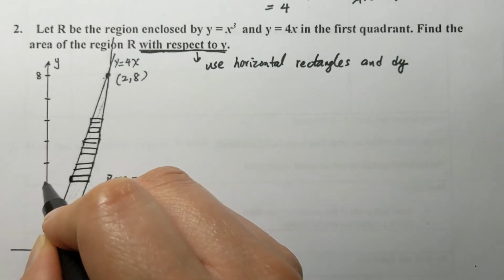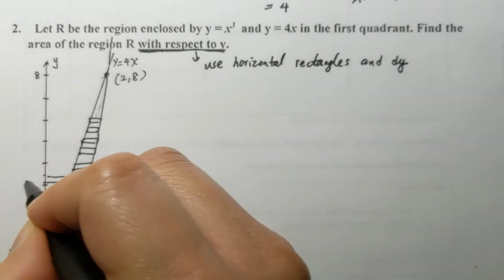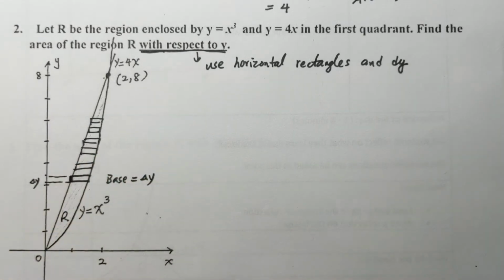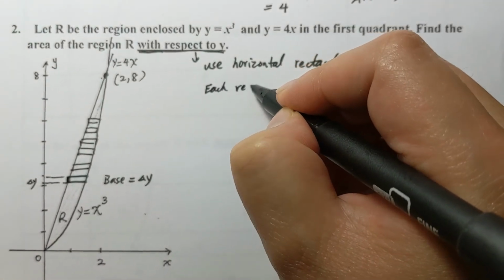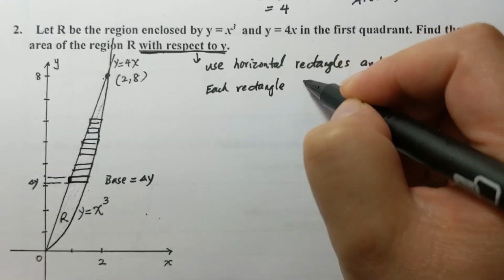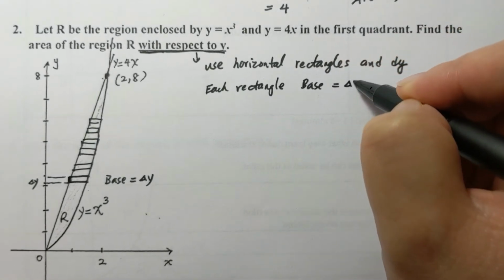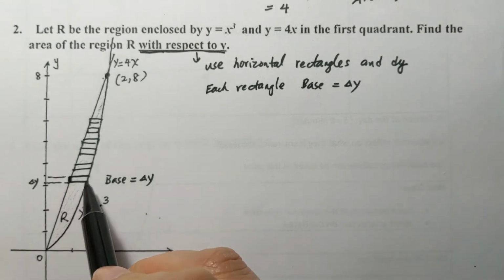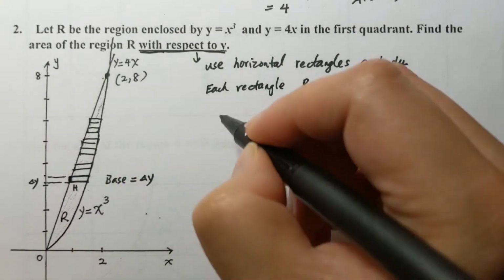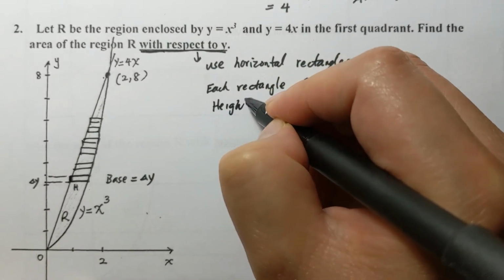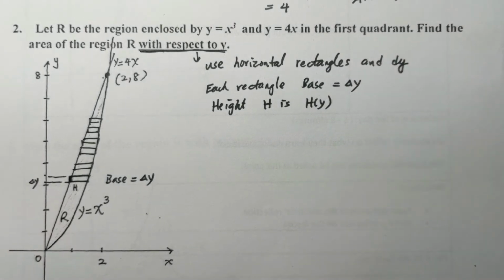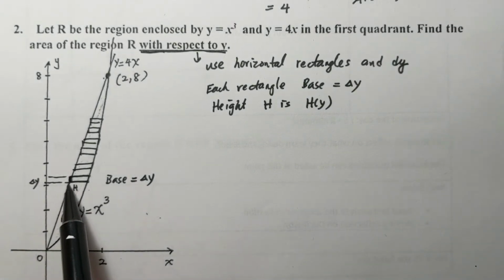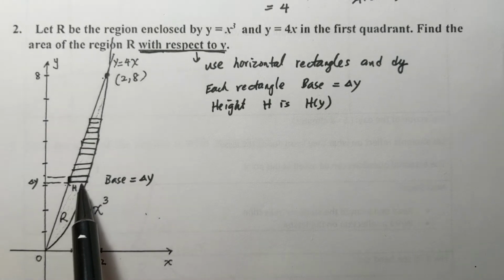You're going to have your y value subtract your y value, so delta y. And then how about the height? The height h is h of y, because this time you're calculating your height horizontally.